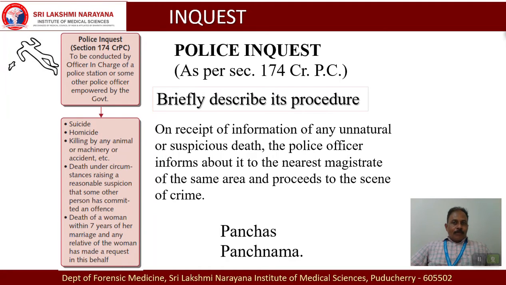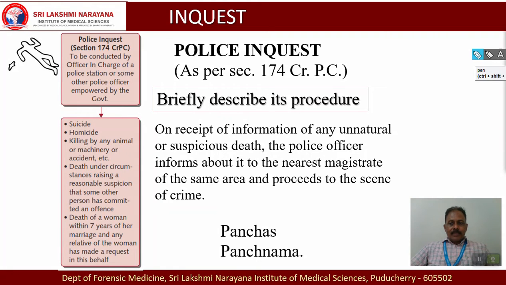When the officer in charge of the police station receives information of any unnatural or suspicious death, the police officer informs the nearest magistrate of the area and proceeds to the scene of crime. What does it mean? Whenever information is received, here information is required.